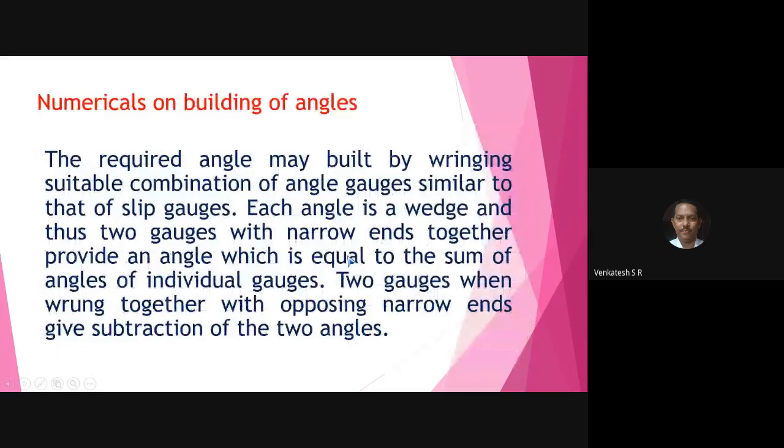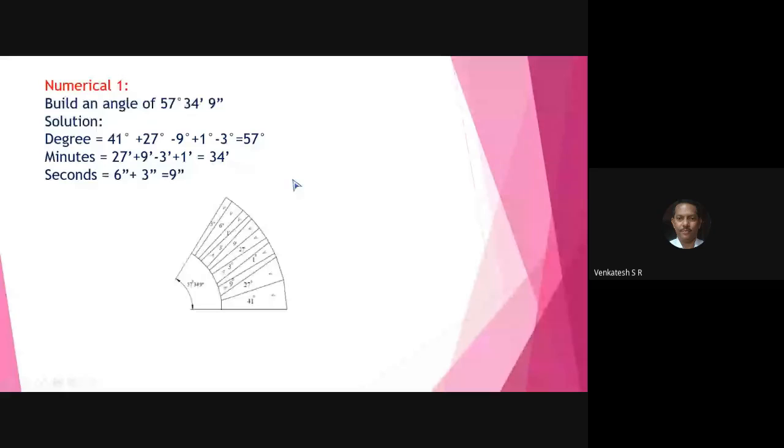Let's come to the point, that is, the different problems we have here. You set the angle 57 degrees, 34 minutes and 9 seconds. How do you set the angle gauges?